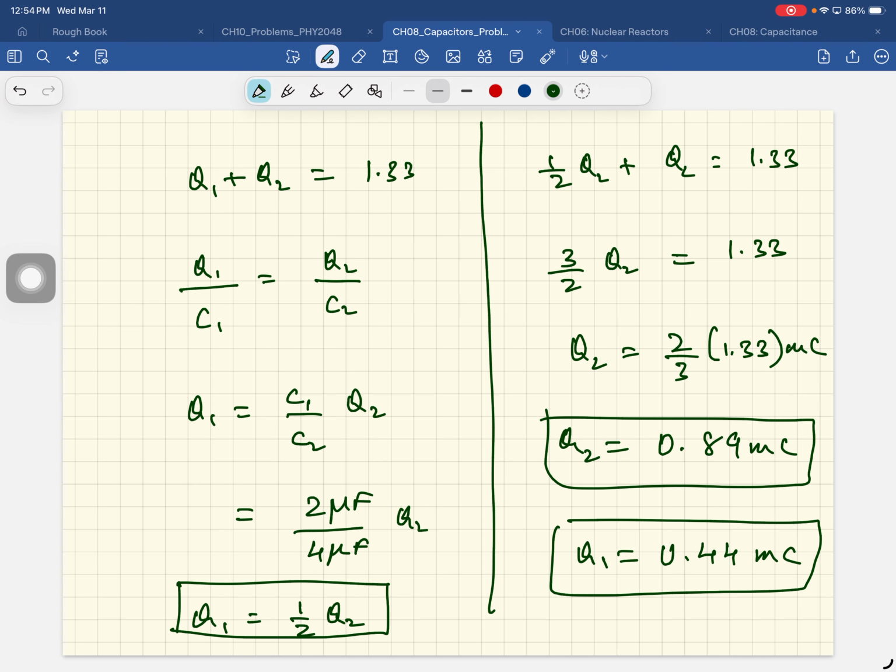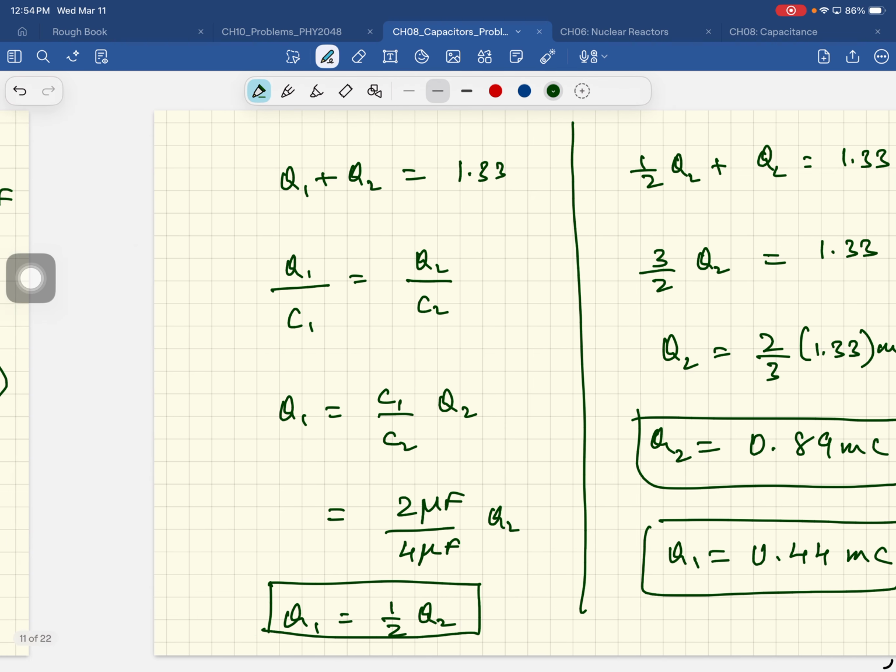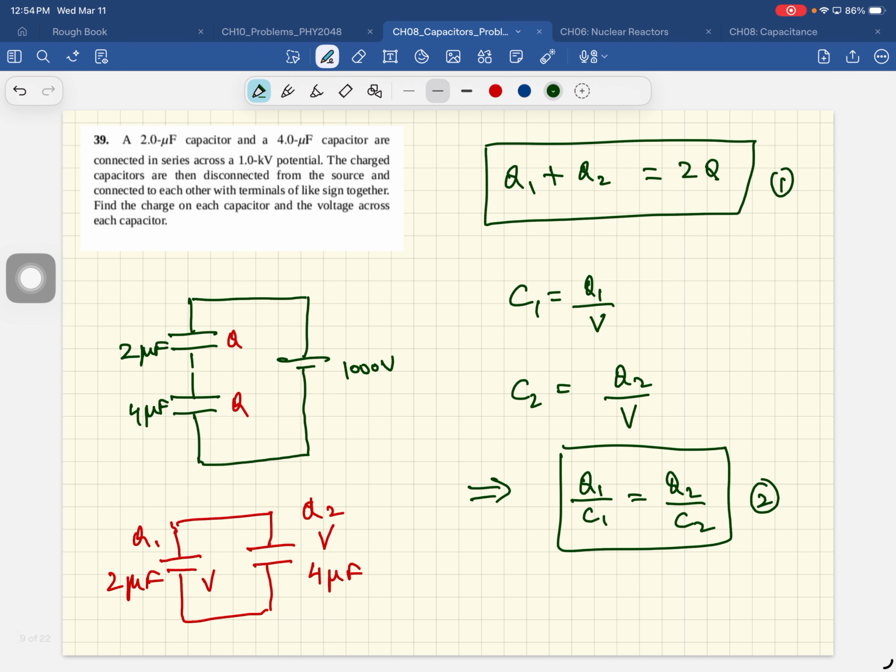All right, I'm going to walk you through this again because there's a bit of algebra. Here's what's going on in this problem. You connected 1,000 volts to these two in series. When you connect capacitors in series, the charges are the same. Then you disconnect them. This has a charge Q, this has a charge Q. You disconnected them, and then you connect the two.